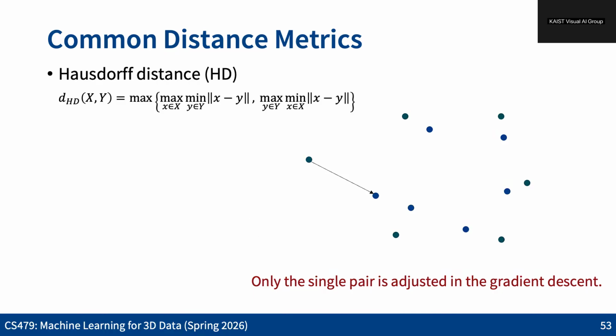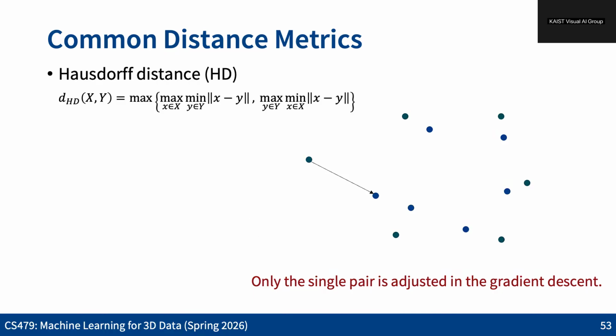This is really a good metric that has been used in many applications, especially in computer graphics and computer vision, to check the discrepancy between two shapes. But the problem when you use this kind of distance metric for point clouds in the training of the point cloud decoder is the practical issue of using this as the loss function: we are only going to take a single pair, the worst case, and only these points would be affected in the backpropagation.